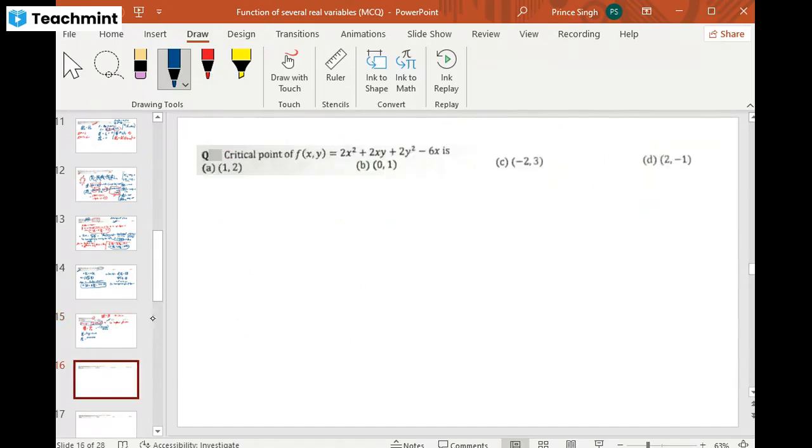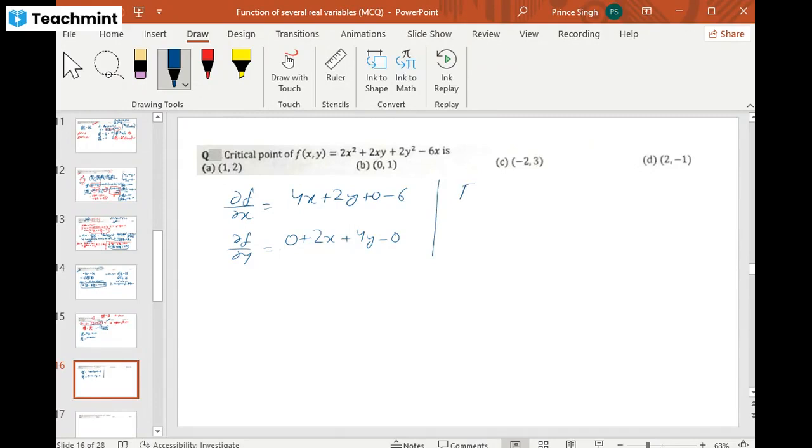Okay, now come to the next question. This question asks us to find the critical point. This is a problem based on relative maxima and minima. For a critical point, we need to find the partial derivative with respect to all the variables. So this is 4x + 2y - 6, and the partial derivative with respect to y is 0 + 2x + 4y - 0.